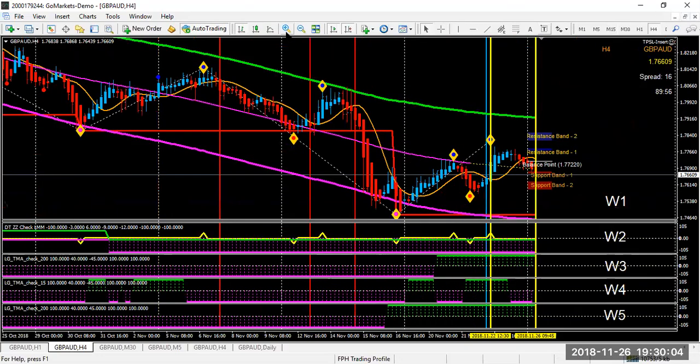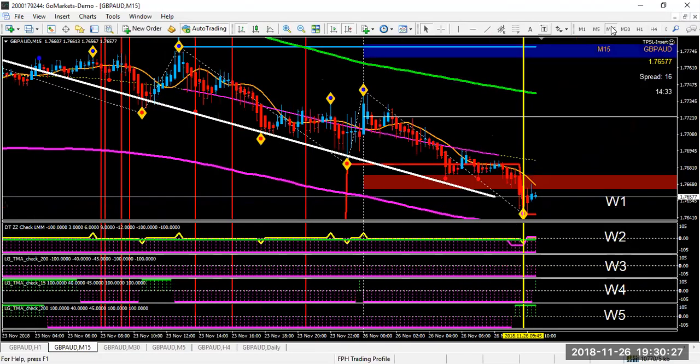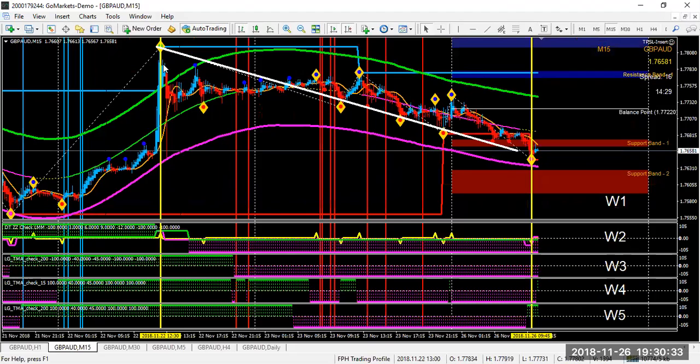You can see it hasn't really got its red diamond yet. So we're actually trading this movement at the moment in the 15. That's why this is still pink, because you can see we've got this M15 current time frame low price.